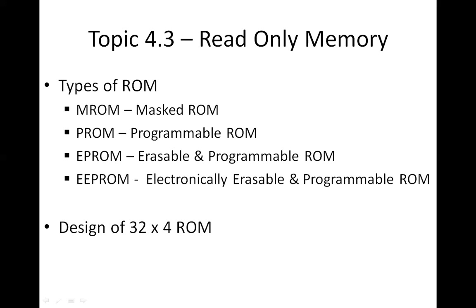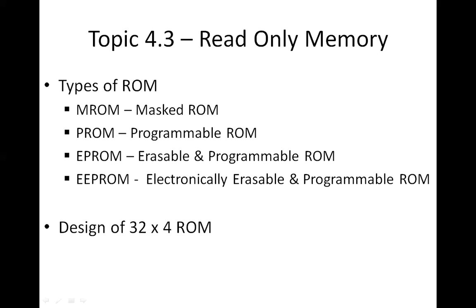The next type is the EPROM, that is erasable and programmable ROM. It comes with the provision to erase the data that is stored in the memory, and again we can write something, that is called programmable, and the data can be written on the memory.